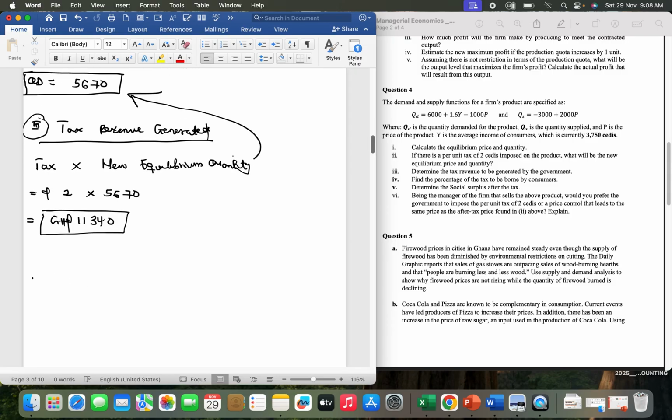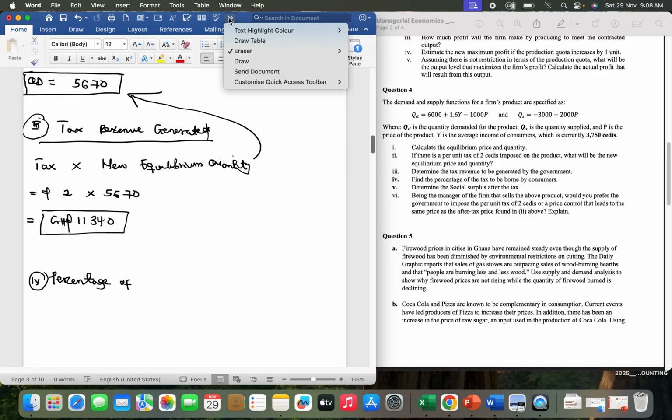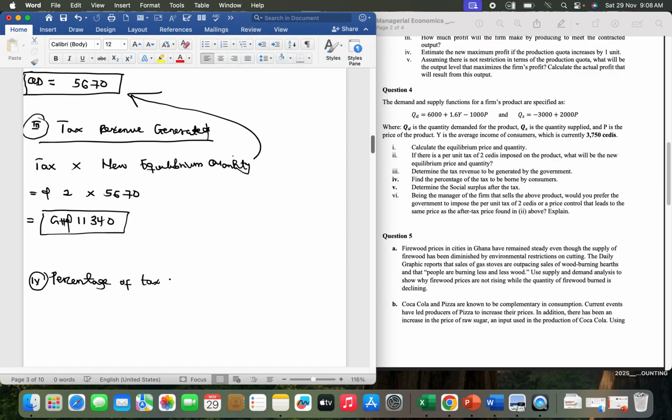So you move on to the fourth one: percentage of tax borne by consumers.